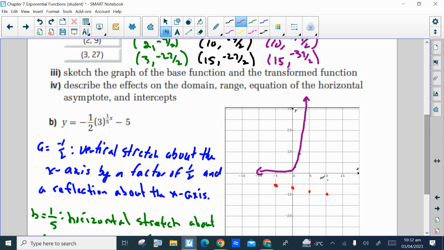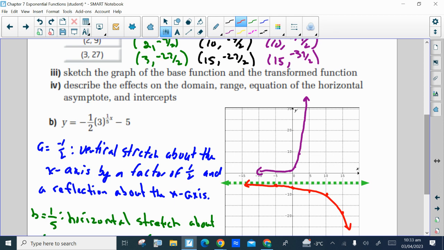And 15 comma negative 18 and a half. Because the graph shifted down 5 units, our horizontal asymptote shifted down 5 units. It would be at negative 5. Right, so the graph would look something like that.